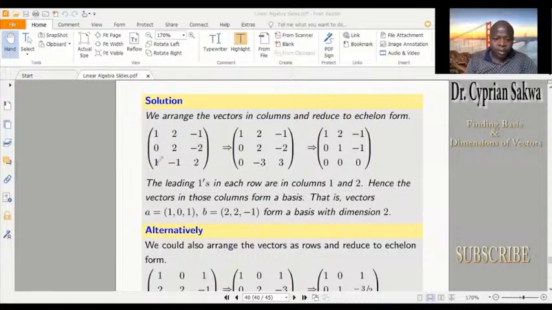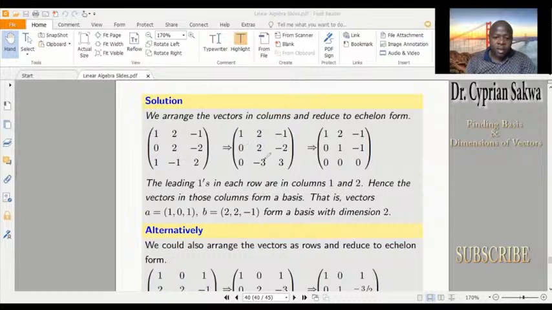To get a 0 in this position, I'll take row 3 minus row 1 to give my new row 3. So 1 from 1, I have a 0 here, and 2 from negative 1, I have negative 3, and then negative 1 from 2, I have 3. So I have a 0 in this position and this position.